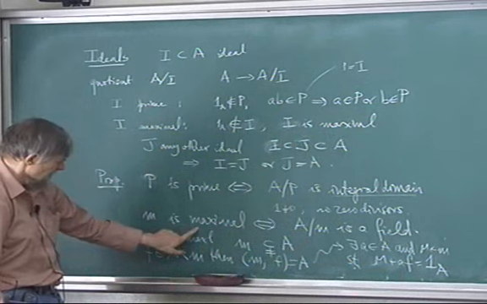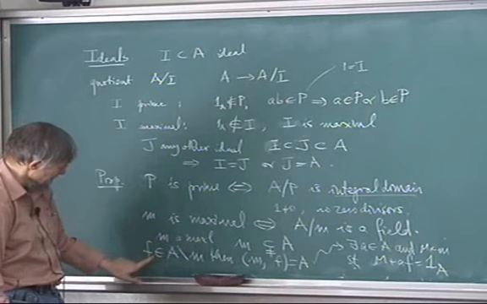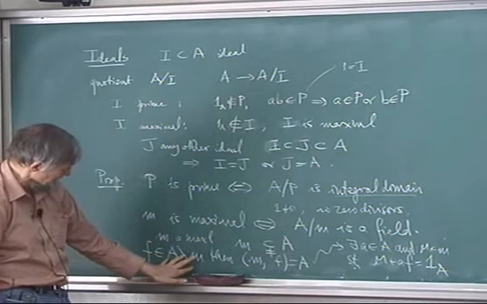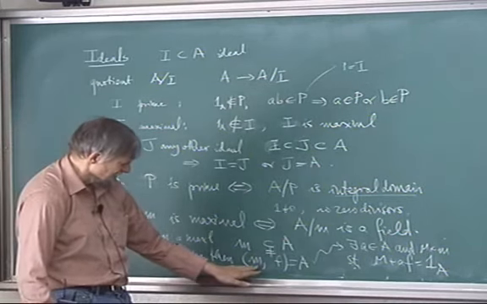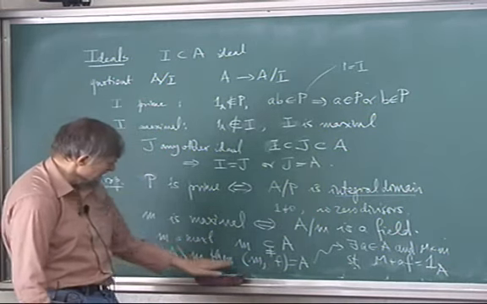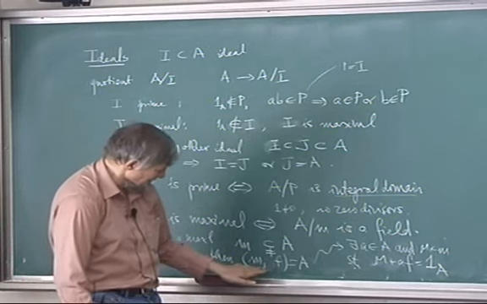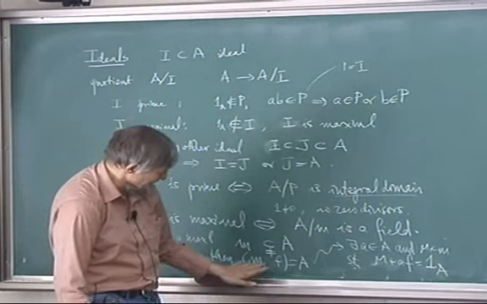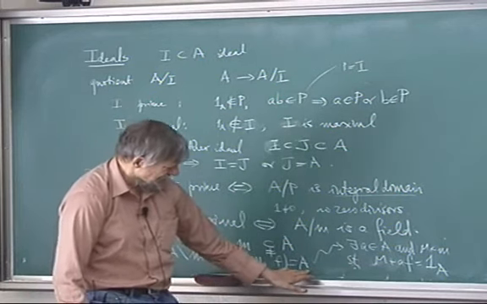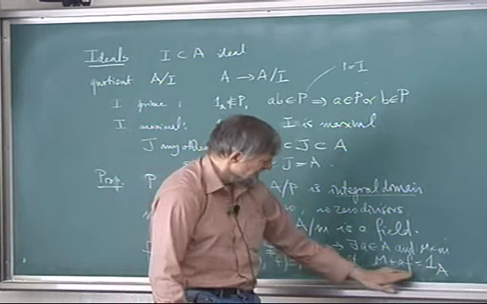The only thing I'm doing here is reading this definition of maximal. So M is a maximal ideal. I take some element F which is not in the maximal ideal, and I consider the ideal generated by M and F. Then, because M is maximal and this is a strictly bigger ideal, necessarily M and F together generate the whole ring A, and that means that 1A, this element 1, is in the ideal.